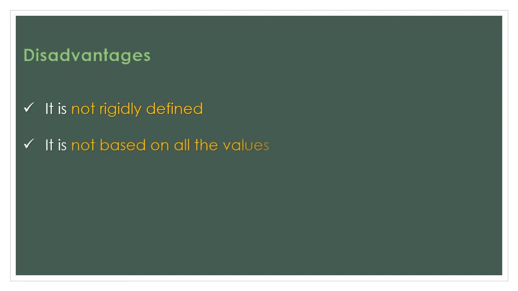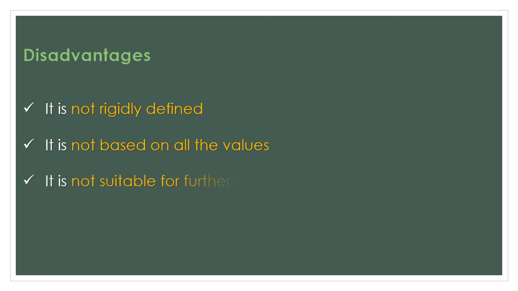And then come the disadvantages. It is not rigidly defined. That means its definition is not that rigid. We may be able to interpret it otherwise, or we may say that it is loosely defined, a very general definition, the value which is in the middle. So it is not rigidly defined. It is not based on all the values, which is one of the disadvantages according to the characteristics of an ideal measure of central tendency.